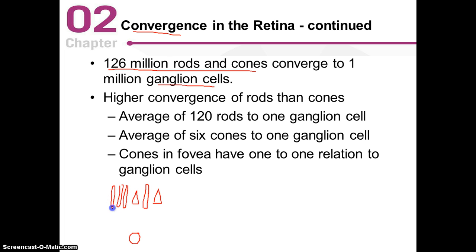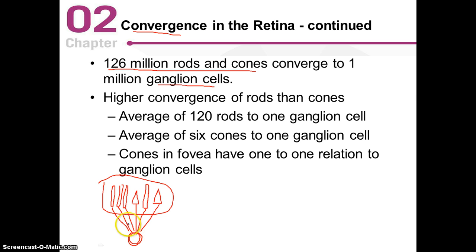What do we mean by convergence? Essentially, although, as we saw before, there are other cells between the rods and cones and the ganglion cells, what's essentially happening is that the signals from all of these sensory neurons, the rods and cones, are sending all of their signals to just a few ganglion cells.